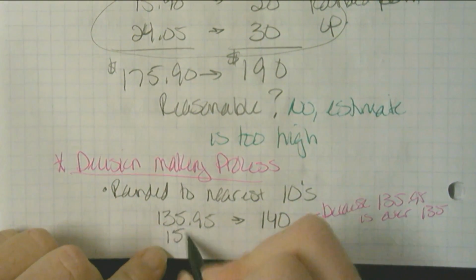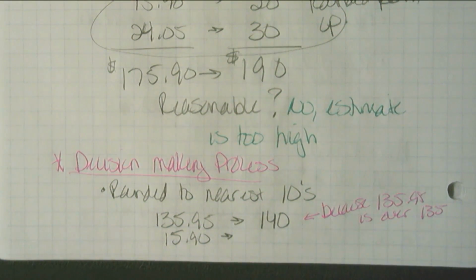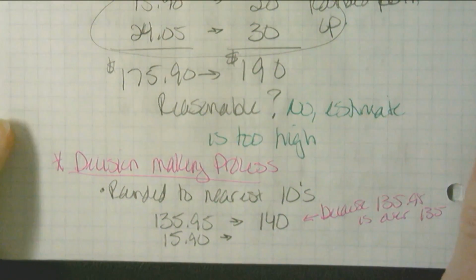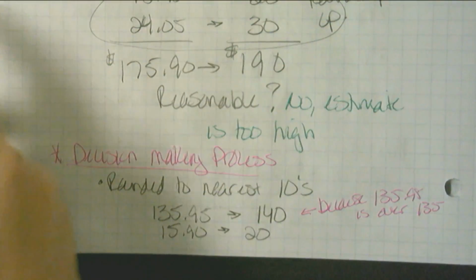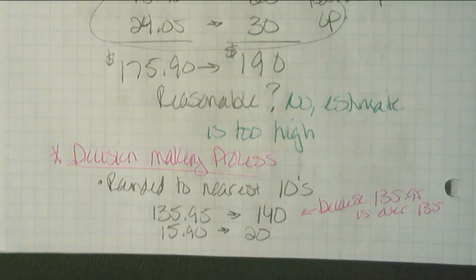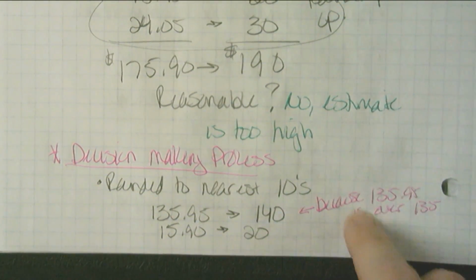When we had 15.90, what did we round that to? In the one that it was a reasonable estimate, what did we round 15.90 to? Come on, Mia. 20. Why? Why did I round 15.90 to 20? Think about my reason for that first one.